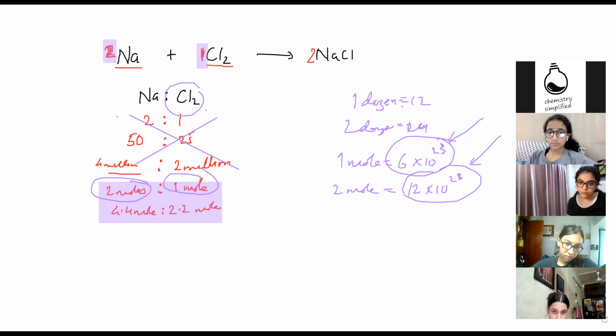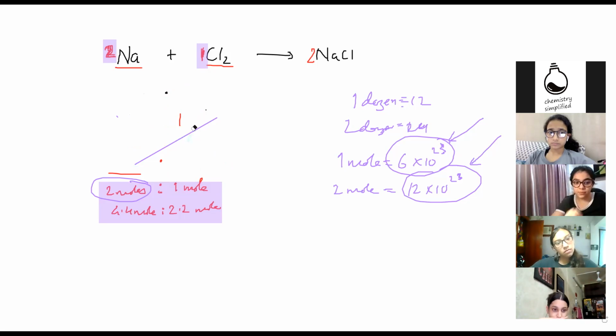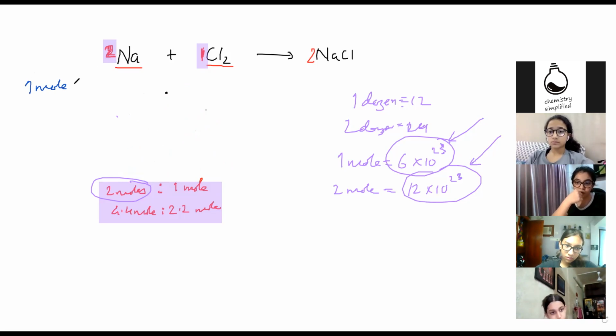So for that also there is a relationship that you should know. 1 mole of any substance, you can find out how many grams that makes from the periodic table. All you need to do is check the atomic masses and molecular masses.